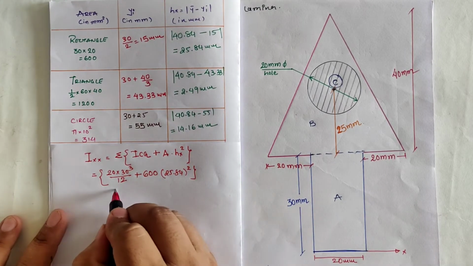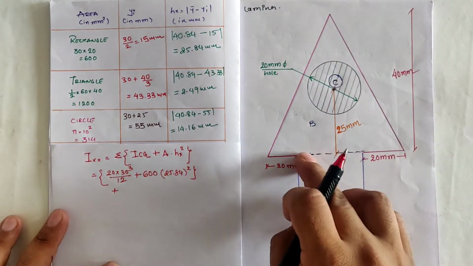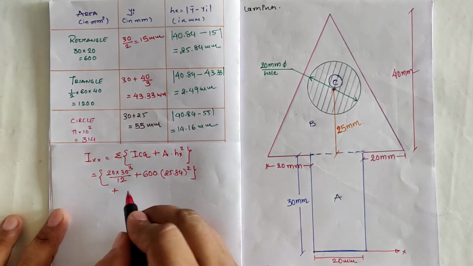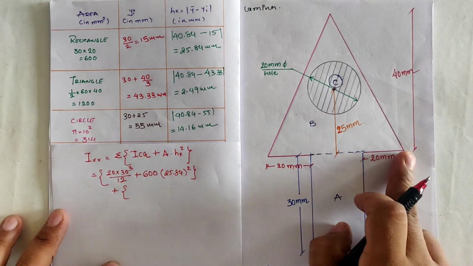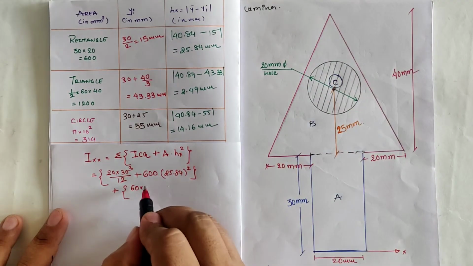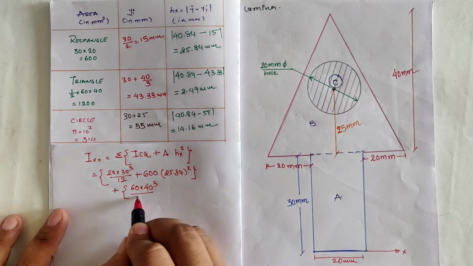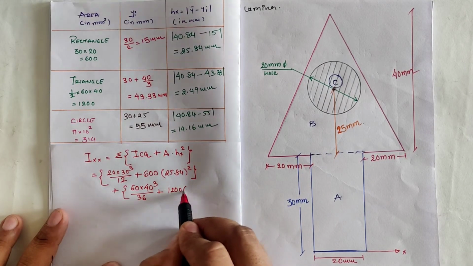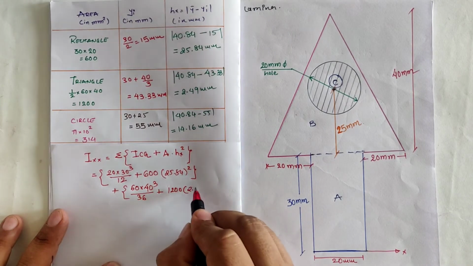Now the second part is the triangular part having the base width as 60 and height as 40. The moment of inertia with respect to the centroidal axis is b h cube, which is 60 into 40 cube by 36, plus area 1200 into hx as 2.49 square.